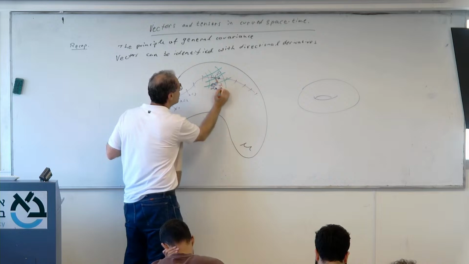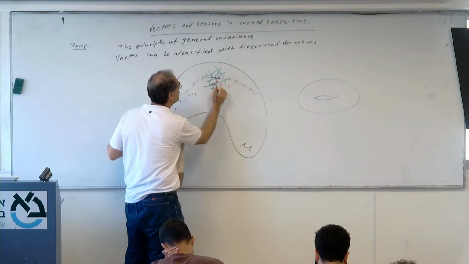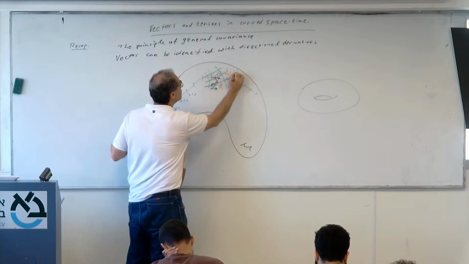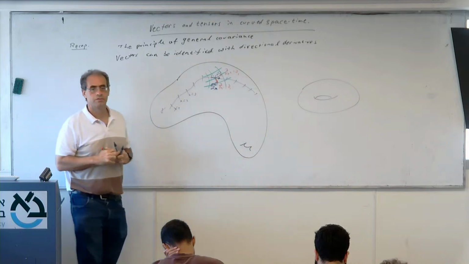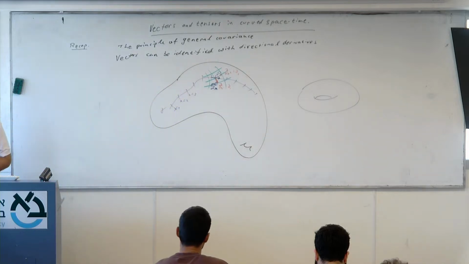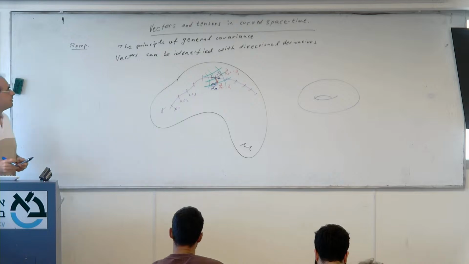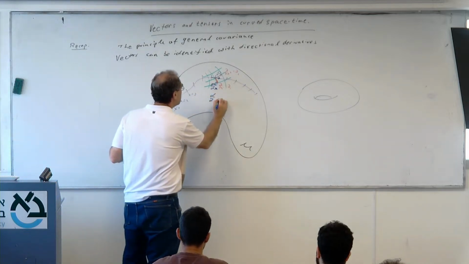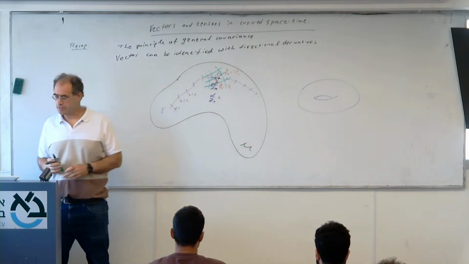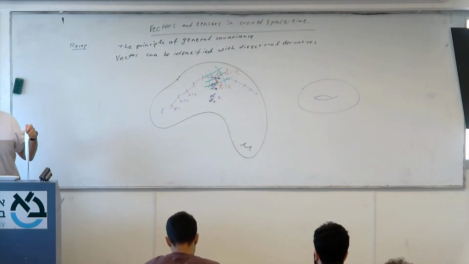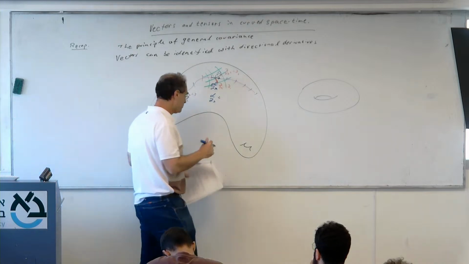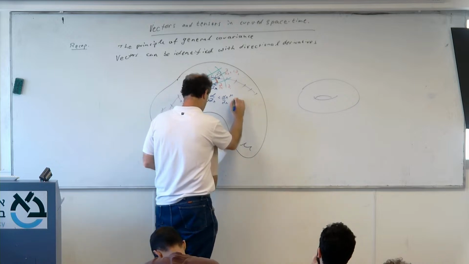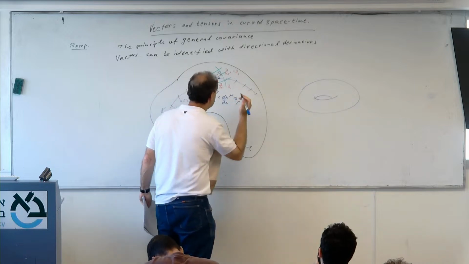D over dx1, which is equal to d1, and this will be d over dx2, which is d2. So the vector that is defined by d over d lambda is, I can simply write, dx mu over d lambda d mu.